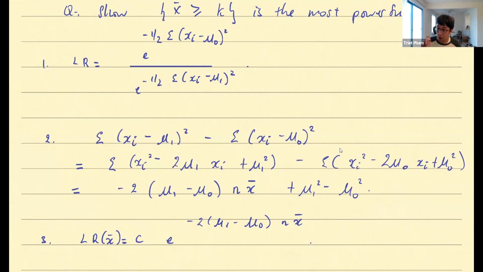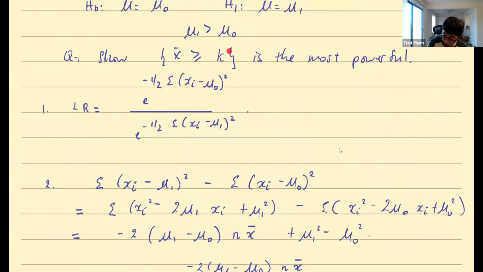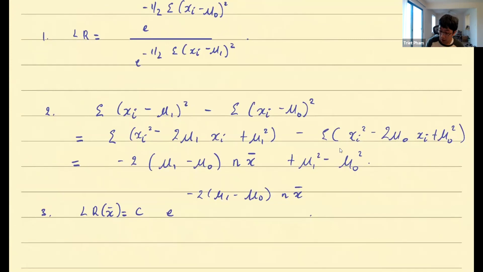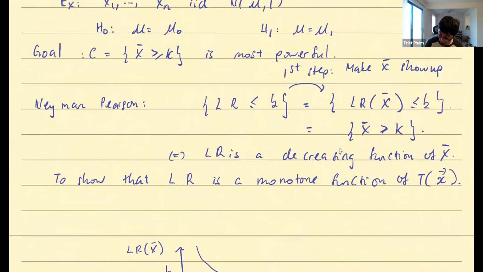I hope that you understand the goal is to establish, because this is my rejection region, I want to connect it with LR, the likelihood ratio. So anything that does not depend on X bar or is unrelated to X bar, I can cast away as a constant. Because the goal is to analyze the functional relation between likelihood ratio and X bar, to draw the connection between this and this. Is that okay?